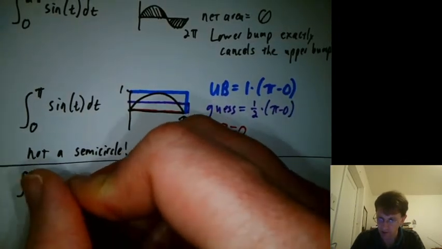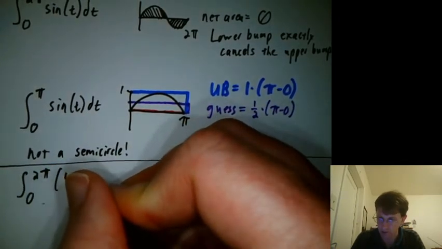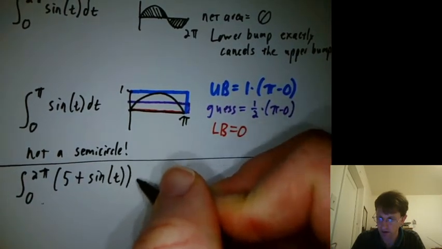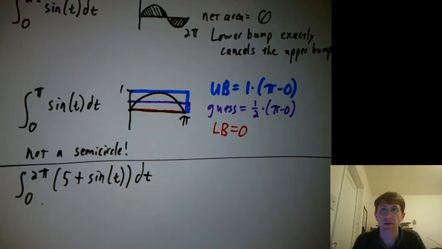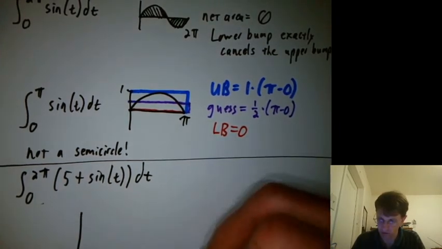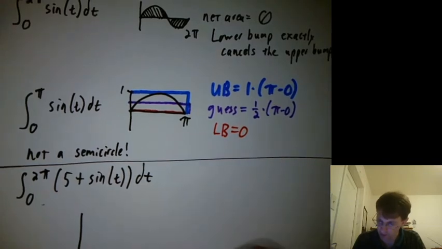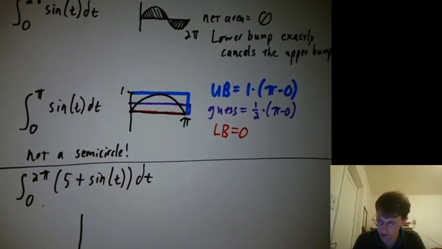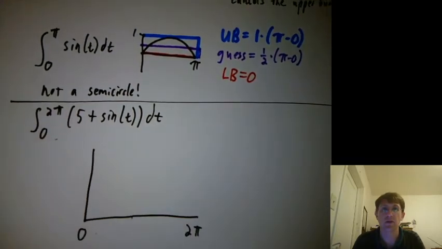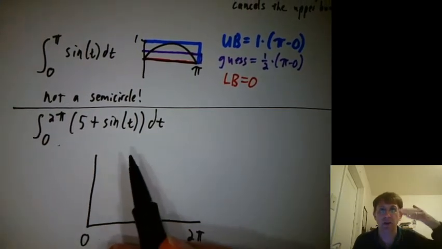How about the integral from 0 to 2 pi of 5 plus sine t dt? What's the first thing we do? Draw a graph. So here's 0, here's 2 pi. This is a sine wave that has been shifted up by 5.